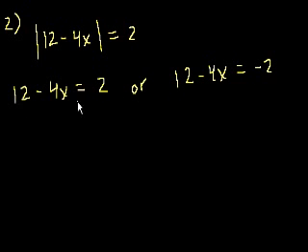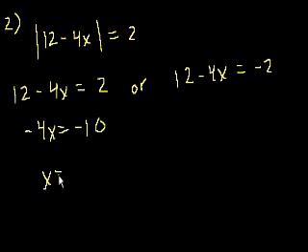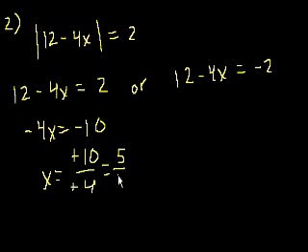So let's see. Subtract 12 from both sides. You get minus 4x. 2 minus 12 is minus 10. Then you get x. Divide both sides by minus 4 is minus 10 over minus 4. Then the negatives cancel out. And that's equal to 5 halves, or 2.5. The only reason why I wrote 2.5 is I was looking at the choices and they have everything as decimals.